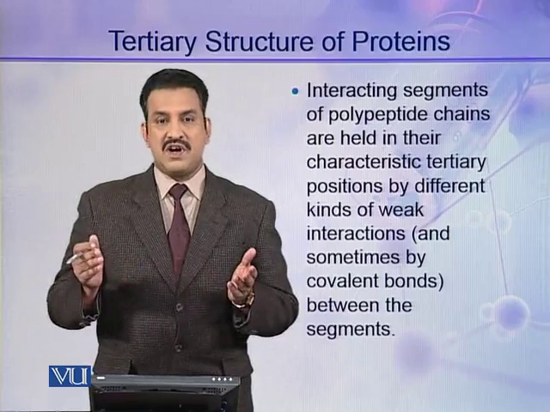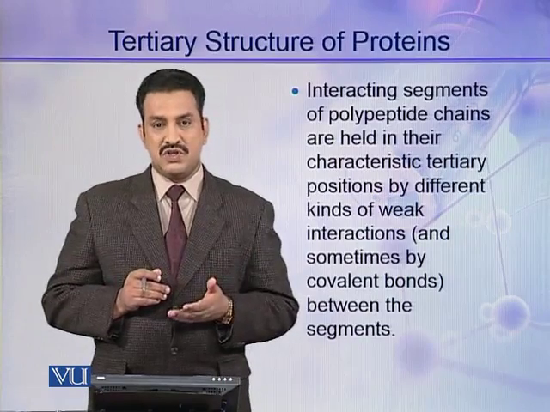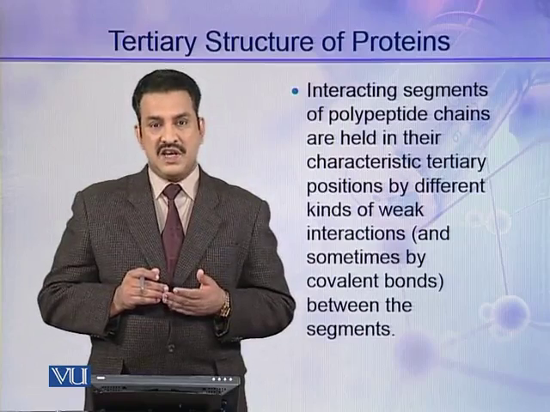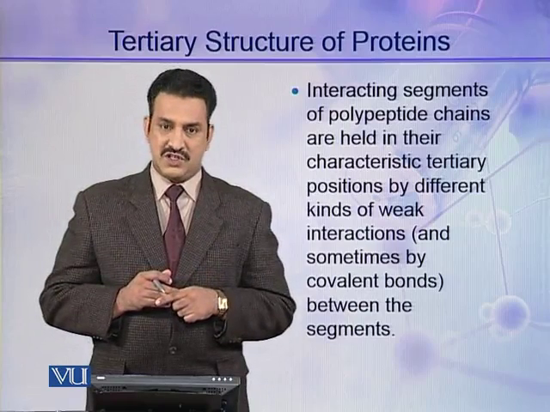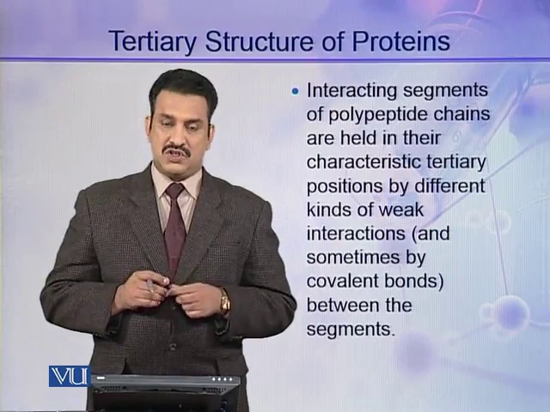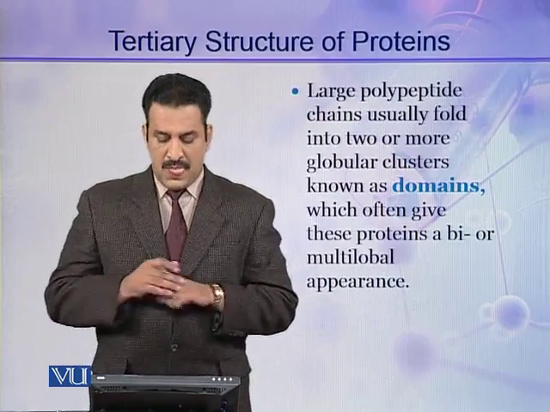Similarly, very far located amino acids can make hydrogen bonds, hydrophobic interactions, ionic interactions, and some covalent interactions. So in this way, a stable three-dimensional structure is formed, which is the tertiary structure of proteins.